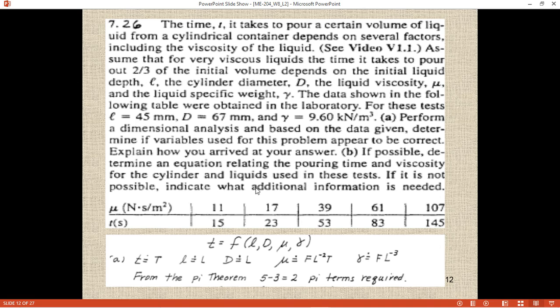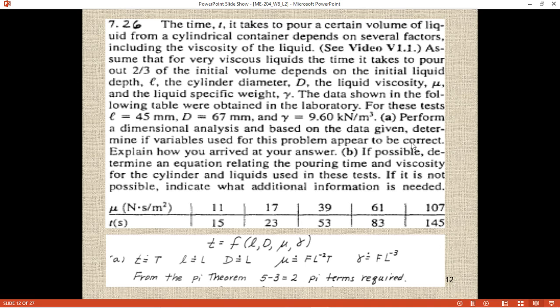What is the size of the container? The length of the cylinder is 45 mm. So perform a dimensional analysis, and based on the data given below, determine if the variables used for this problem appear to be correct.